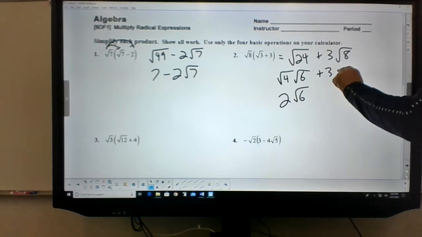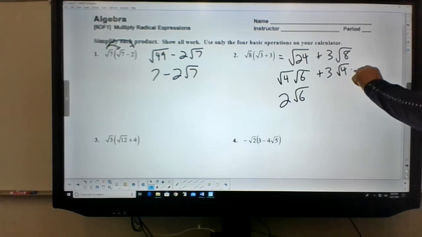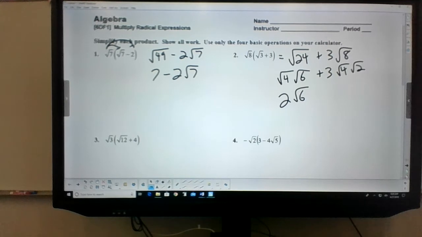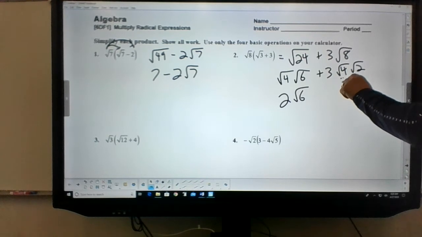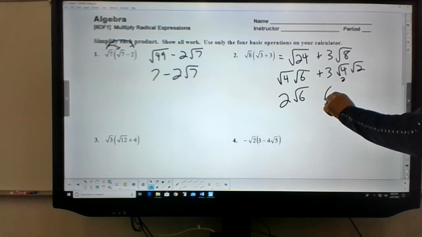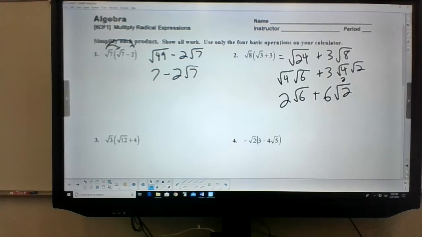This one I have 3. I still have that 4 in the 8. 4 times 2 is 8. So I break it into radical 4, radical 2. This becomes 2. So I have 3 times 2, which is 6, radical 2. So 2 radical 6 plus 6 radical 2, and can't do anything else with it.